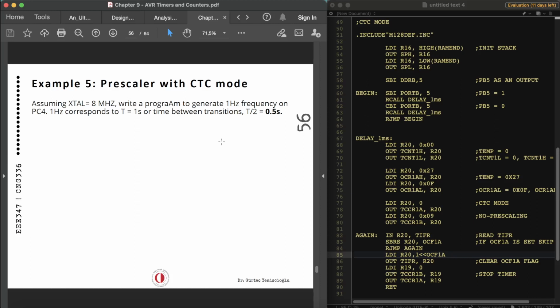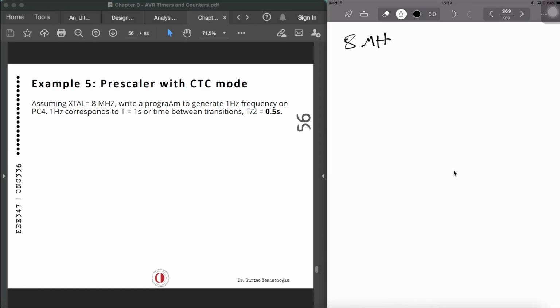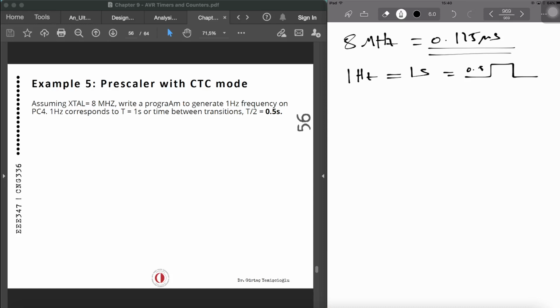With 8 megahertz, we have 0.125 microseconds as the period. So 1 hertz is giving us 1 second, and when we consider it second-wise, 0.5 is low, 0.5 is high.